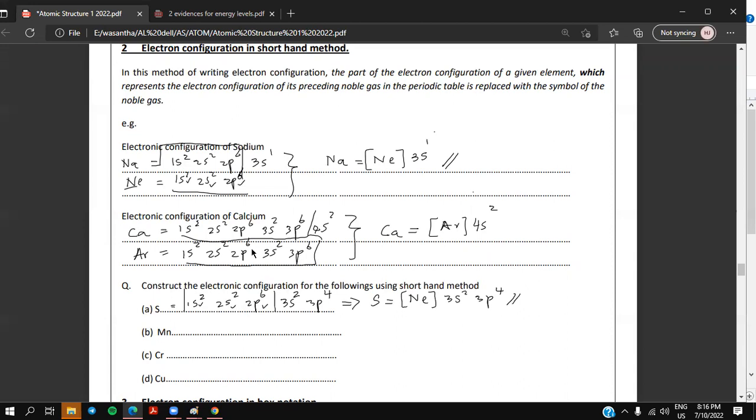And we go to manganese. I think manganese has atomic number 25.